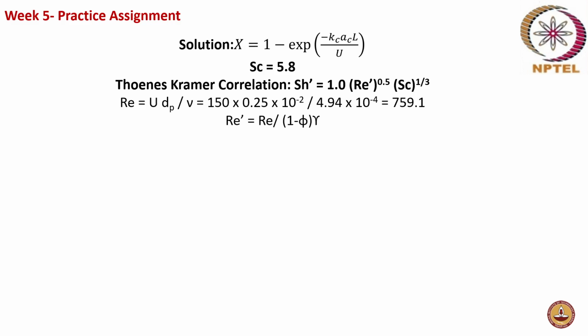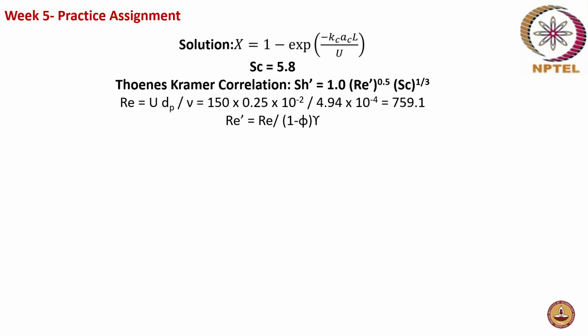And then you have to incorporate the modified Reynolds number. Your modified Reynolds number is Reynolds number into 1 minus 5 into gamma, where gamma is a shape factor. Now, what will be the shape factor? The shape factor is mainly determined for a non-spherical particle.